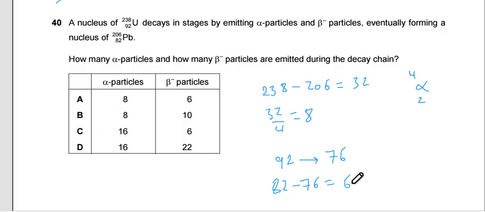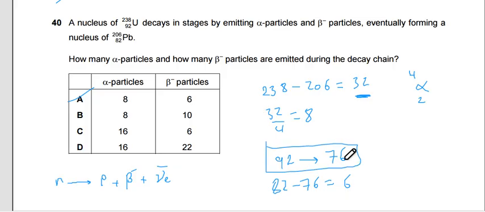These 6 are the beta negative. Because as we know, beta negative results from a neutron transferring to a proton, so the mass number in the nucleus doesn't change, and the decay emits a beta negative and an electron antineutrino. So the increase in atomic number from 76 to 82 is due to the number of betas.